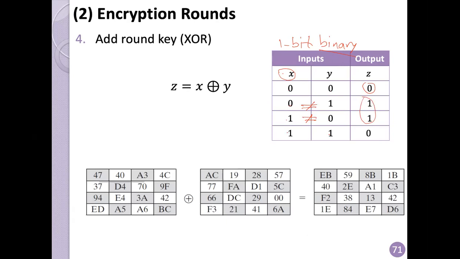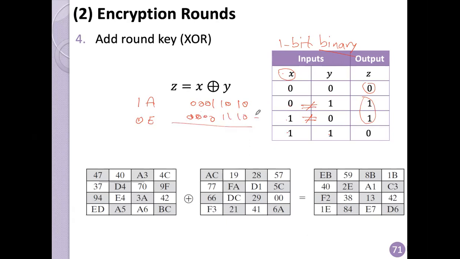Of course, when we say, for example, XOR of 2 one-byte numbers, let's say 1A and 0E, it means that we need to first expand them and show them as binary. This is the binary of 1A, and this is the binary of 0E.